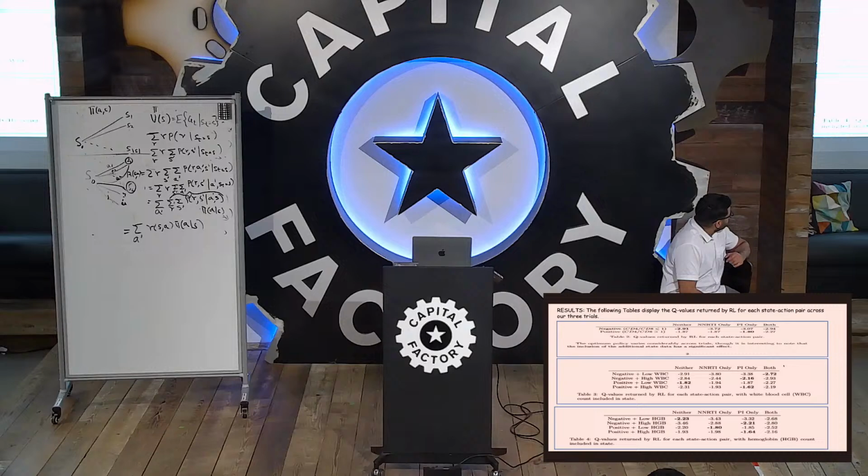I'm using Q learning within RL. It's looking at the Q value given a state and an action. So the higher values are good, lower values are bad. Negative means the CD4 over CD8 is less than 1. This person has a low WBC.